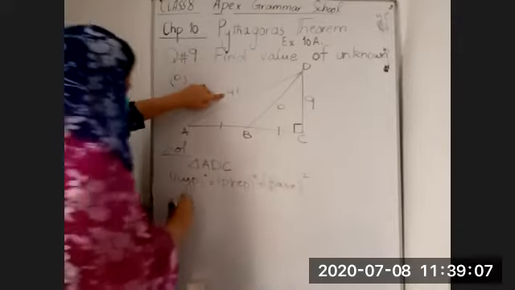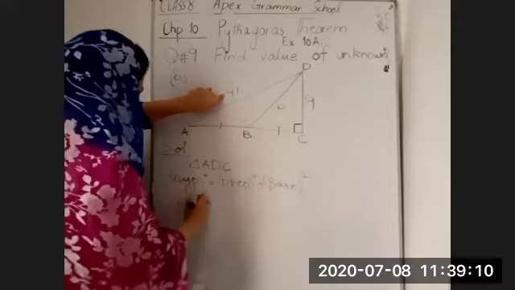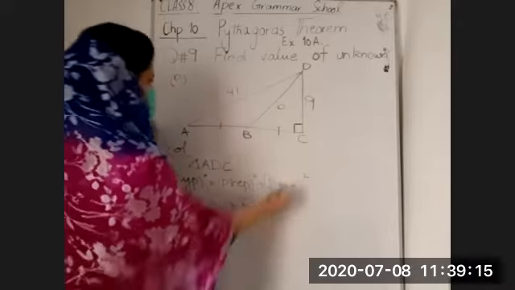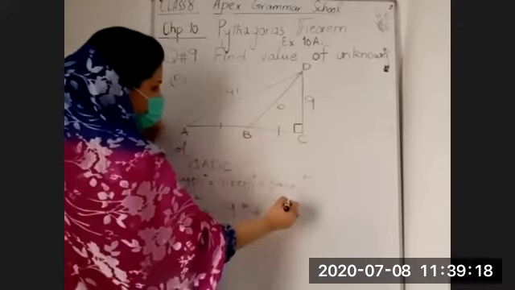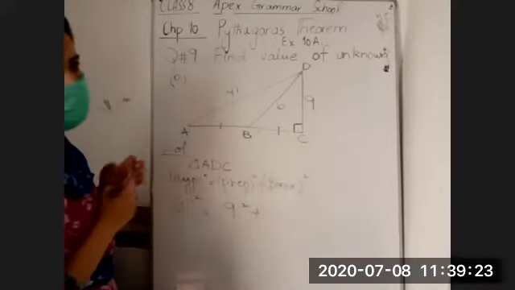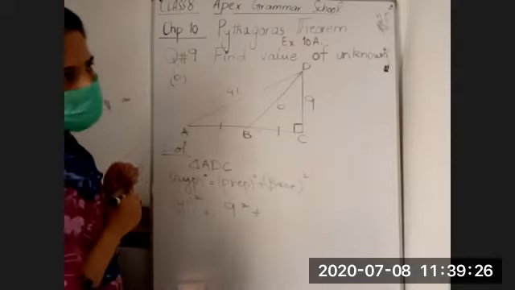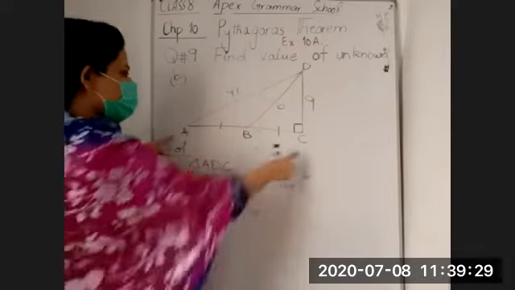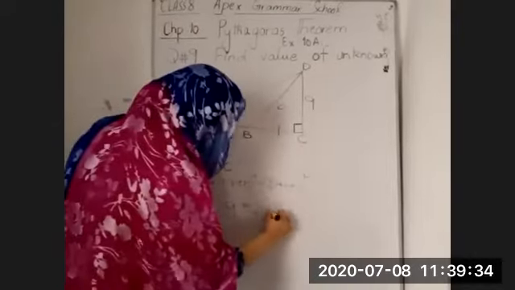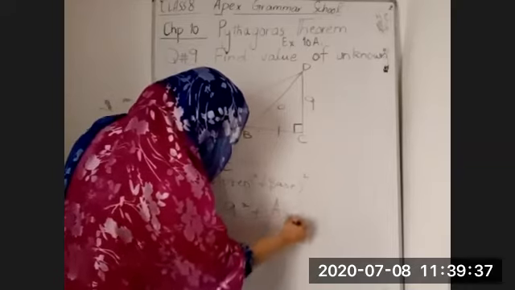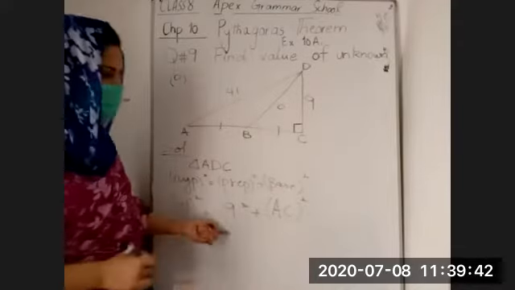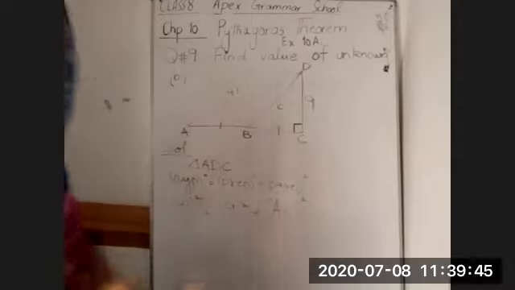Your hypotenuse is 41, so 41 square is equal to perpendicular, which is 9, 9 square, and your base AC, so you will write the square of AC. Okay, now you have to find the square of 41 and 9. For this, just 1 minute.